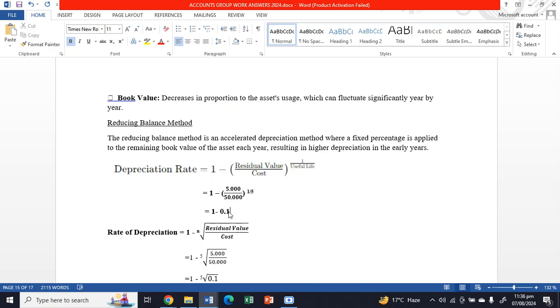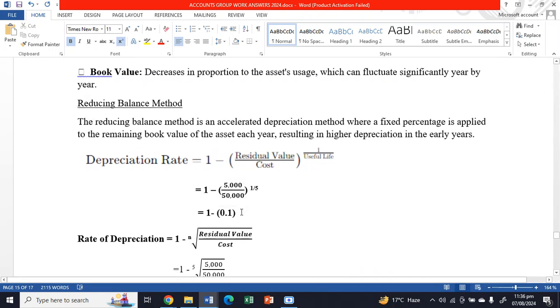We get 0.1. So instead of putting a fraction on your calculators, it's okay. This 1 over 5, you can convert it to a decimal. 1 divided by 5, that is 0.2. So in your calculator, you can put 0.1 to the power 0.2.